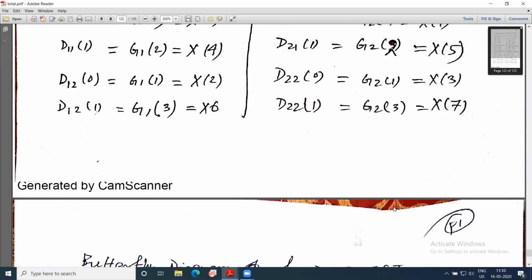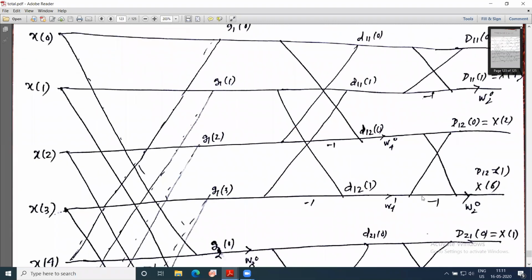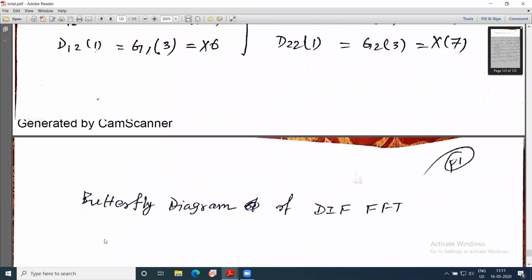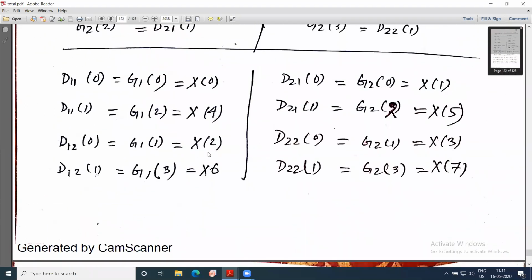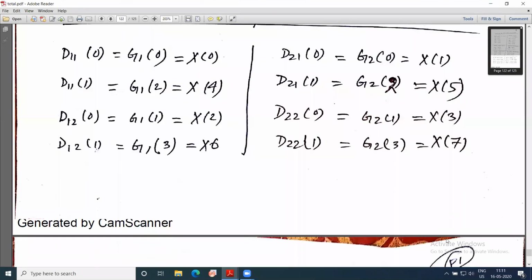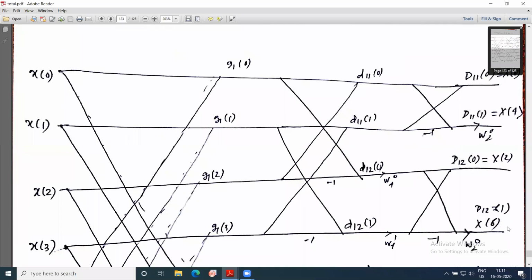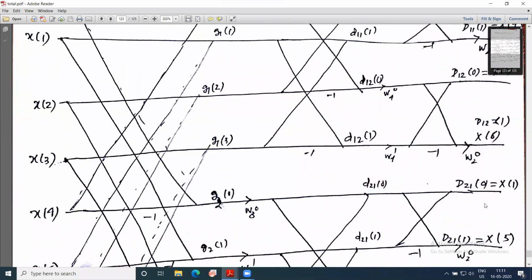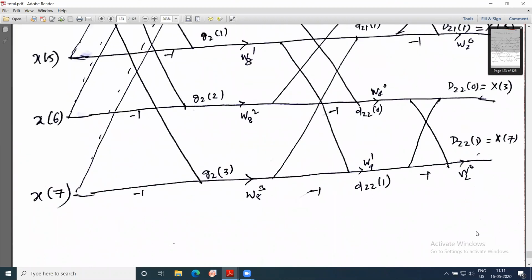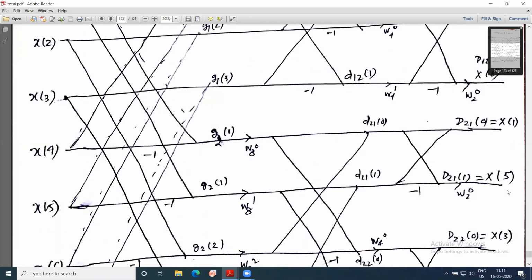Now, if you look at here, this is d12 of 0 and this is d12 of 1. d12 of 0 is equal to x2, which we have already computed, and d12 of 1 is equal to x6. So x6, then d21 and all these things you can compute accordingly as per the equation. Then you will get x1, x5, x3, x7.